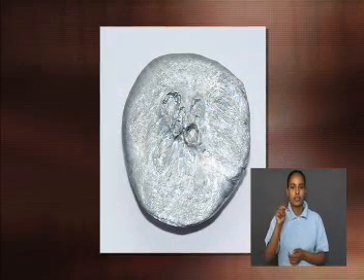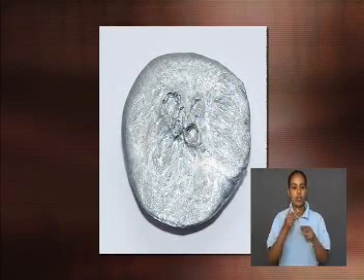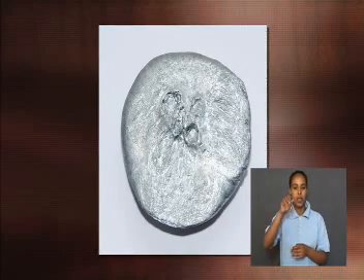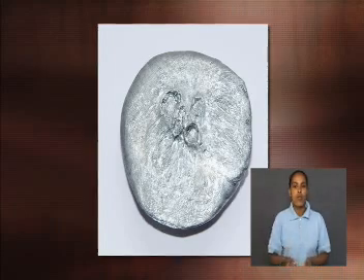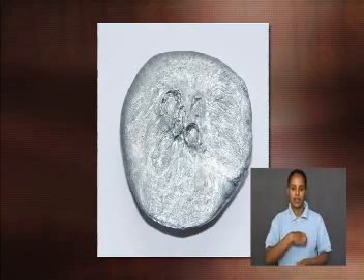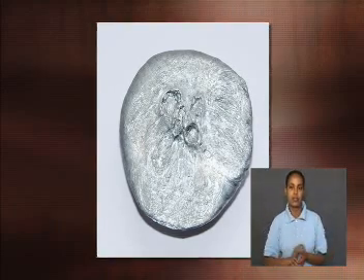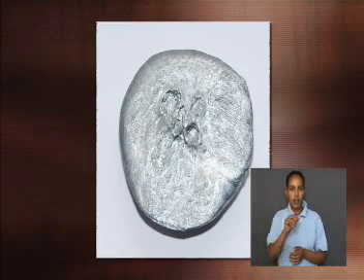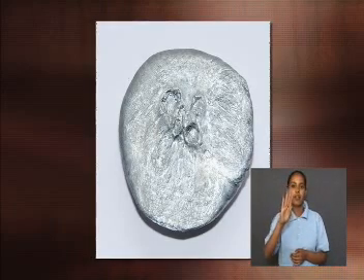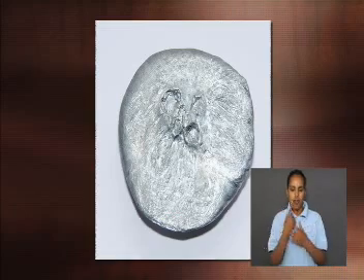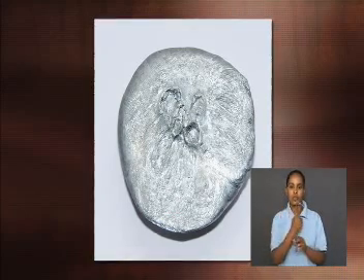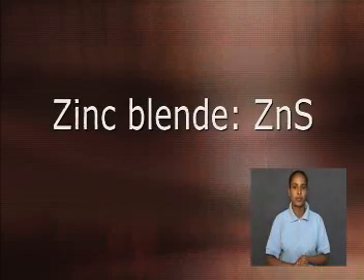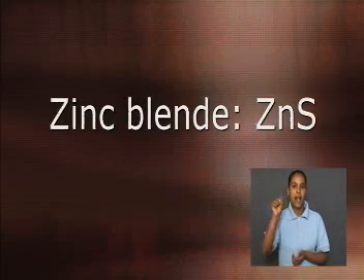Zinc, which is often referred to as spelter, is the 24th most abundant element in the Earth's crust. Like tin and lead, zinc has only one important ore from which it is extracted: Zinc Blende.